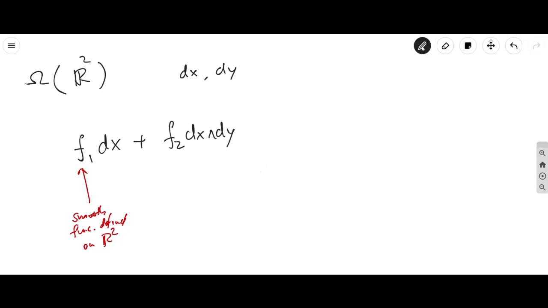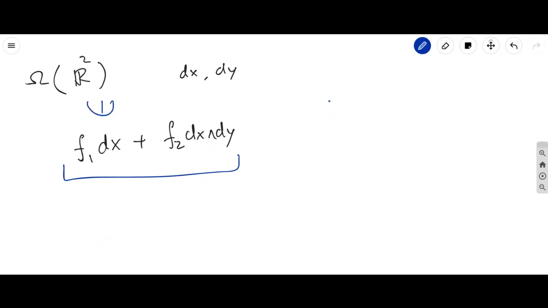By the way, if you want to, you can replace this by negative f2 dy wedge dx, because that's the way we define this rule, that it's anti-commutative. So you can rewrite it the other way around. So this entire thing would be an element of the differential form algebra on R2. That would just be an example, and it should be reminiscent of the polynomial algebra, but it's a little bit different.